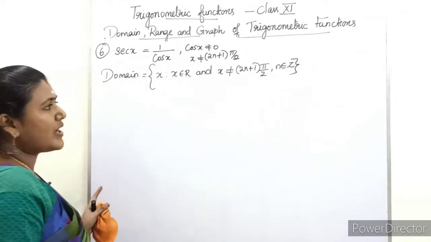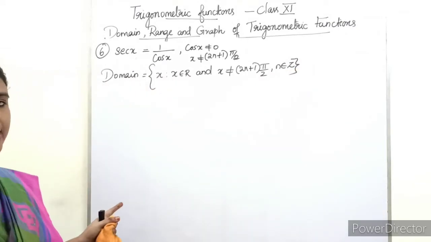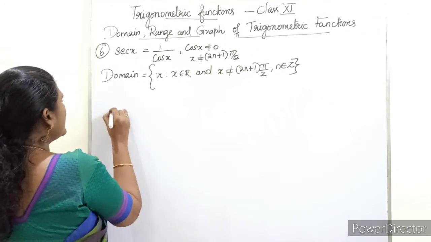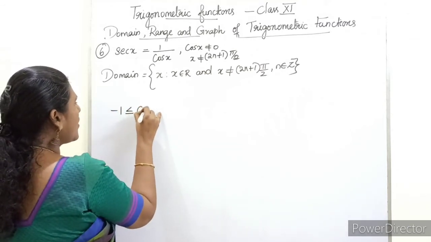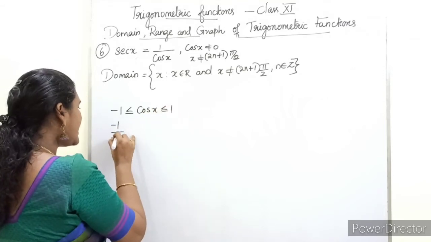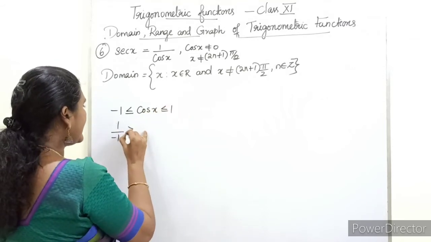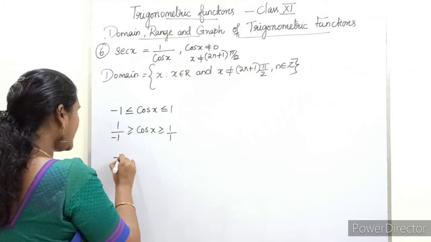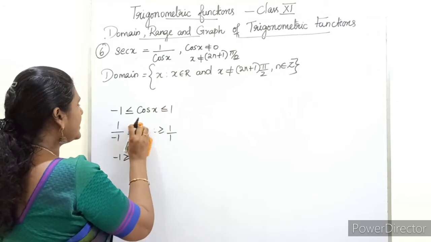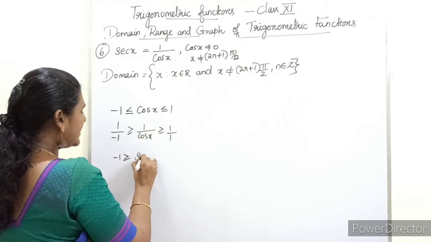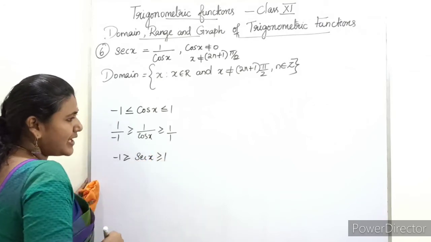Now the range, what we have discussed in the previous case, the cosec x function, is the same way here also. You know that cos x lies between minus 1 and plus 1. When you take the reciprocal, the inequality sign will change, and you will get 1 by cos x outside that interval. So sec x is less than or equal to minus 1 or greater than or equal to 1.